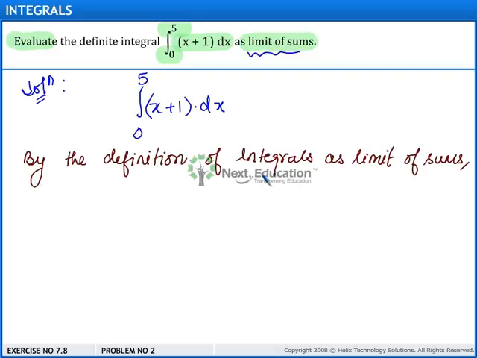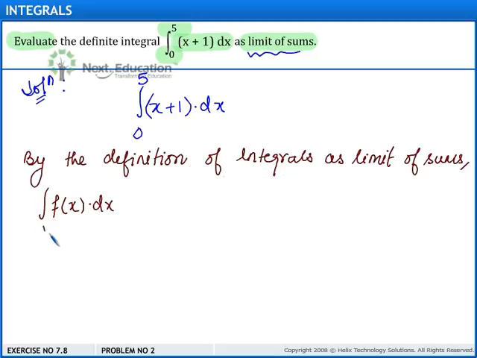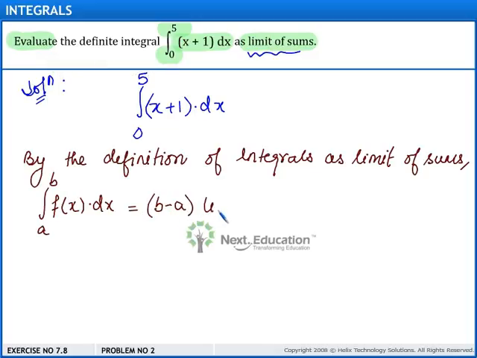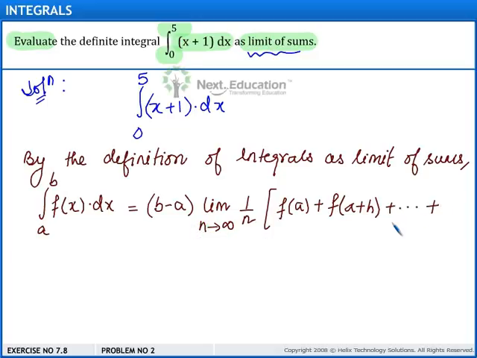Now, by the definition of integrals as limit of sums, we know that the integral of f(x) into dx from a to b is given by (b minus a) into the limit of 1 upon n as n approaches infinity of the function f(a) plus f(a plus h) plus so on up to f(a plus (n minus 1) into h).